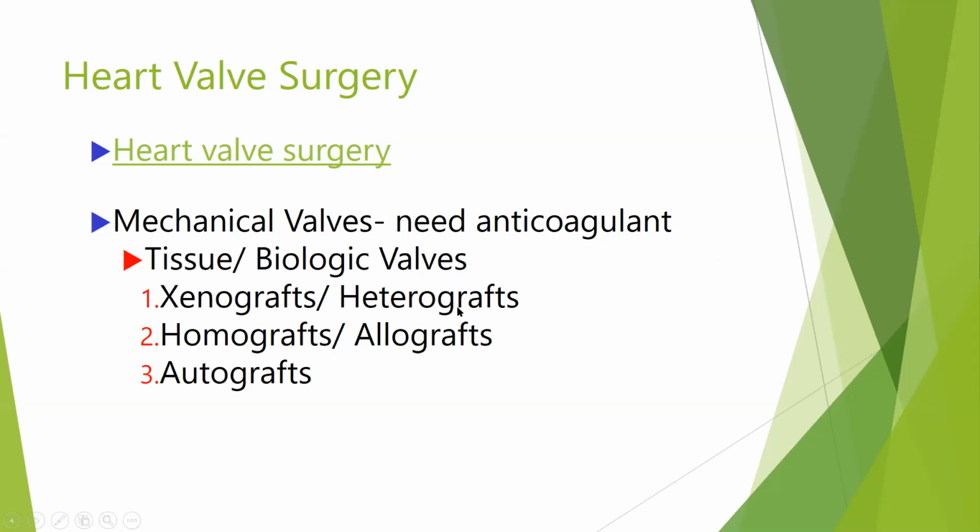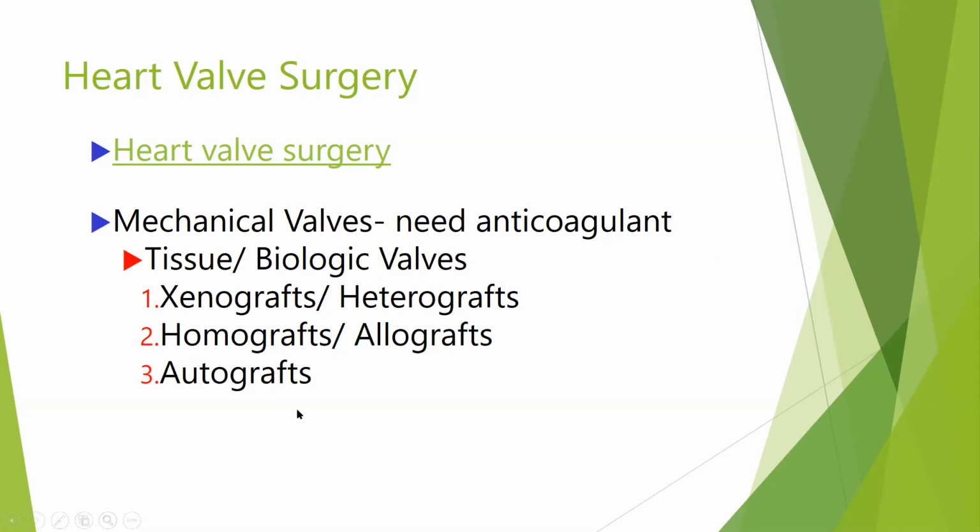Xenografts are heterografts. They come from other species, cow or pig. There's no blood typing necessary. Studies show improved longevity for these type of valves if they do use correct blood typing. We can't do that with animals.